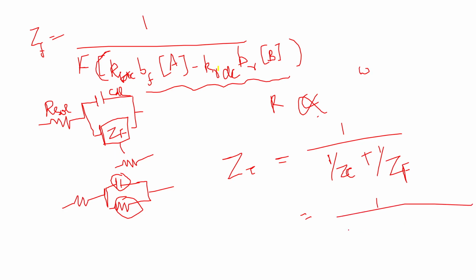So if I want to solve it, I can write j omega c plus, it will be F into kfDC, into concentration of A, minus krDC, into concentration of B. Is this clear to everyone?